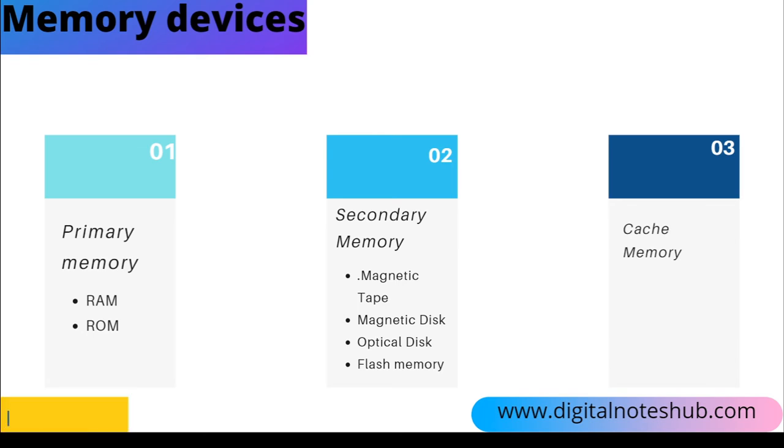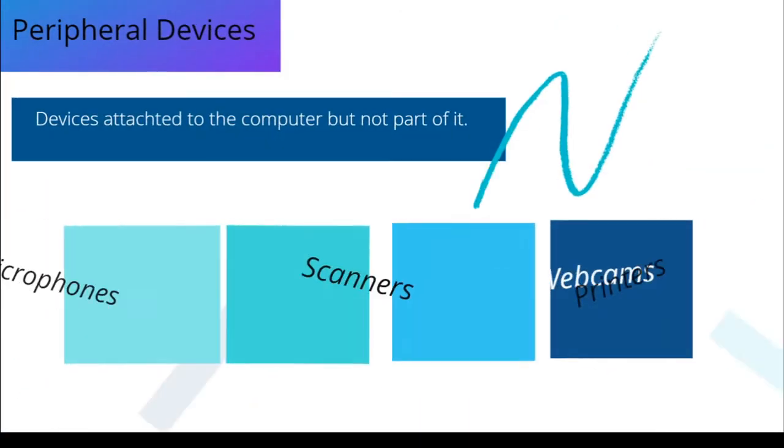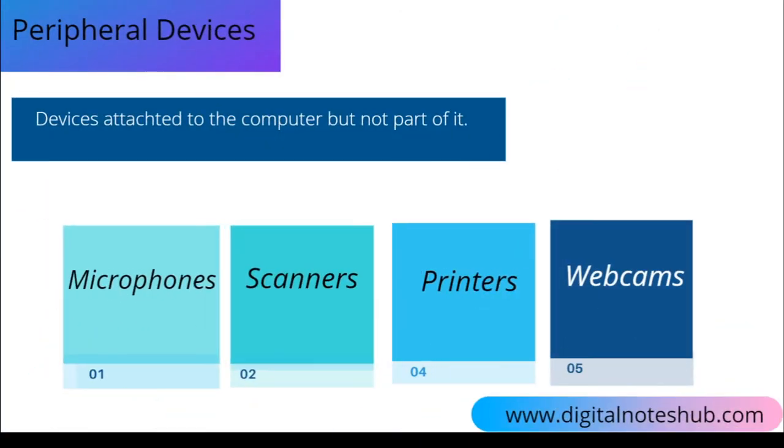Our last component of hardware is peripheral devices. These devices are not part of the computer architecture, but they are attached to the computer. These devices expand the capability of a computer.